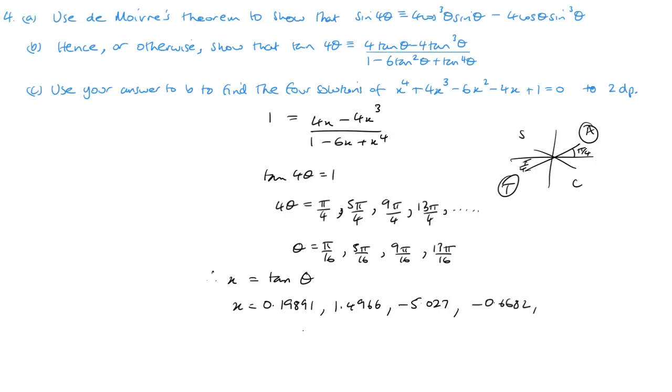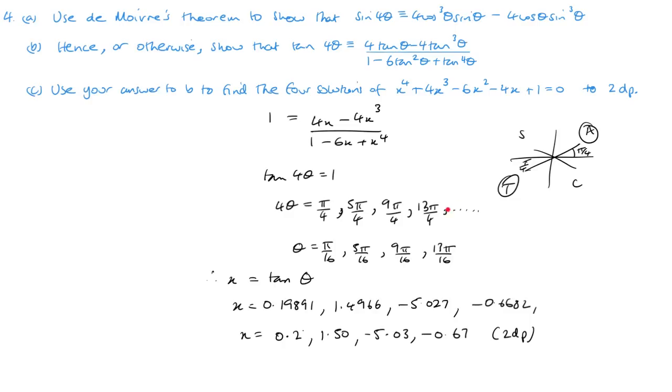Which to 2 decimal places is 0.20, 1.50, minus 5.03 and minus 0.67, to 2 decimal places, which was required in the question.